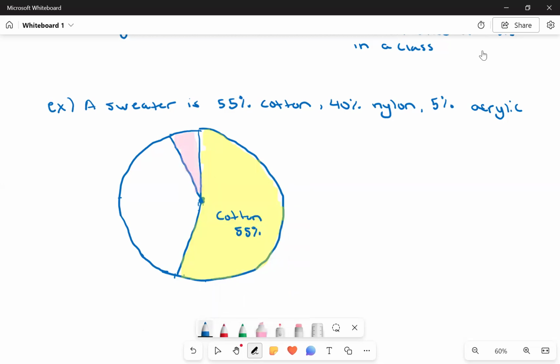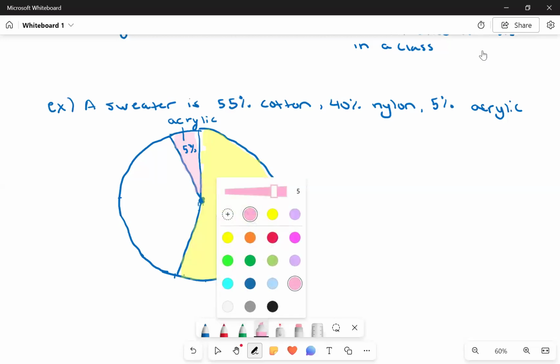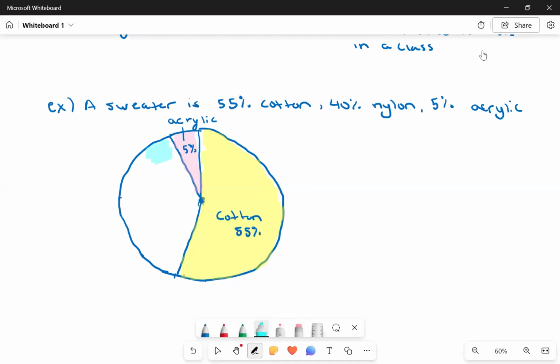Cool. So that will be 5%. And I'll go ahead and label acrylic out here. And then the last category, I'll grab a blue. All right, there we go.